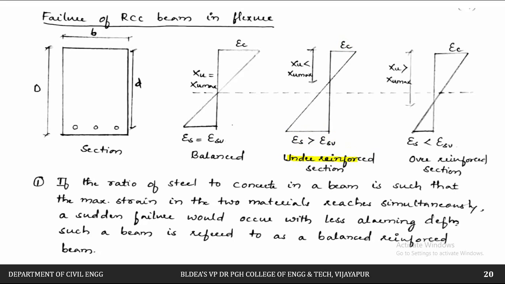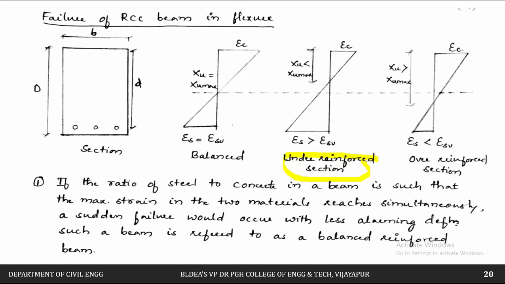So therefore the steel is going to reach its maximum value before the concrete. So therefore our steel is going to fail first compared to the concrete. So therefore this type of section we can call an under reinforced section.